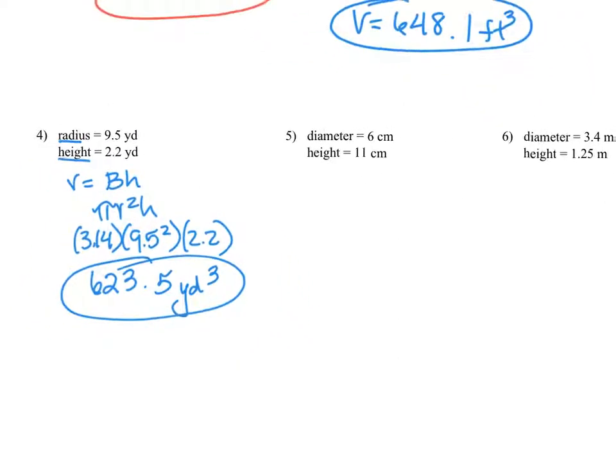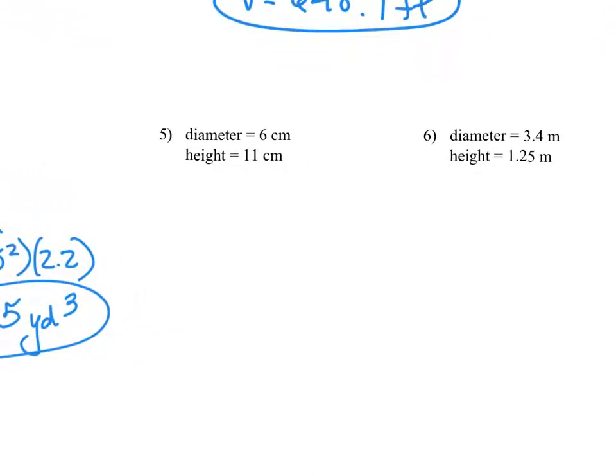On number 5, same thing. I'm going to write my formula down before I even start. That means pi r squared times height. They give me my diameter. That means they're giving me the measurement all the way across the circle, but I just want half of that. So I'm going to take that 6 and divide it by 2.